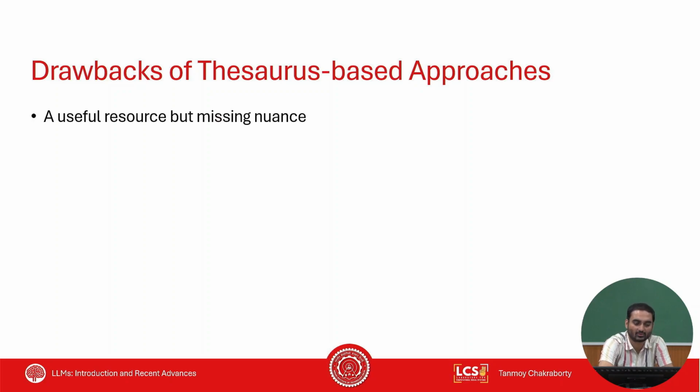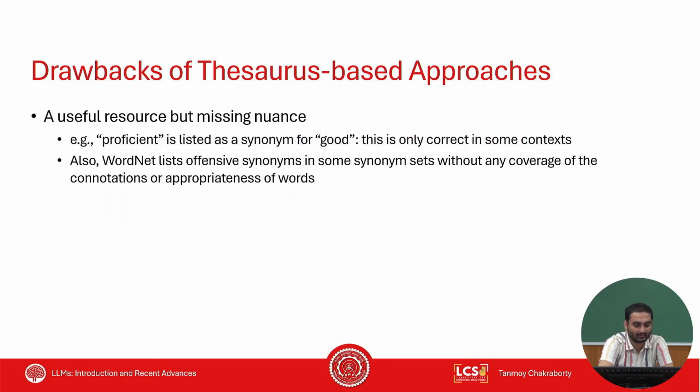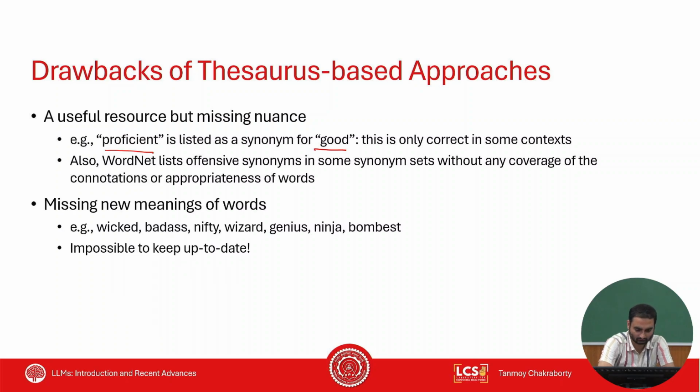The first problem is that there may be other meanings which are not captured in the WordNet version. WordNet has multiple versions, by the way. For example, the word proficient and the word good are synonymous in certain contexts, but they are not synonymous in all contexts.